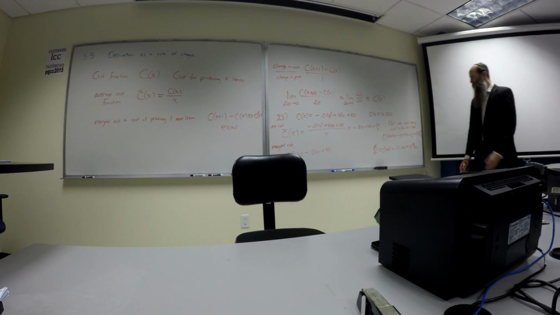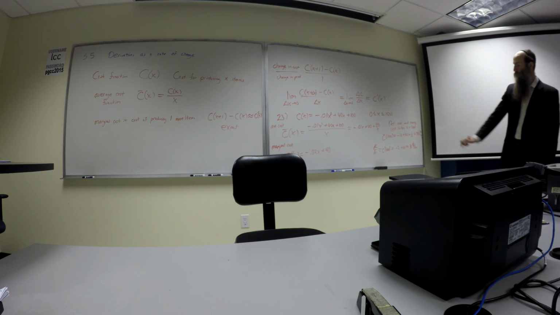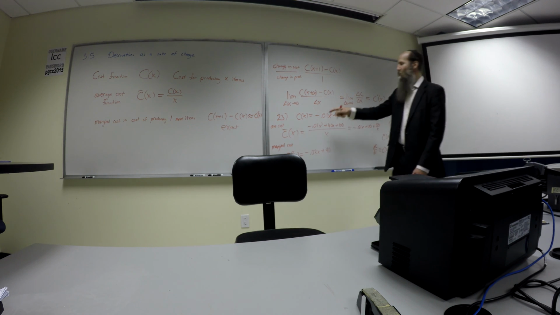So what does that one tell you? Is that the cost per item at about the thousandth item produced? If you were producing 1,000 items, that would be the cost of making those 1,000 items? No, that's what the original function is. That's what the original is.